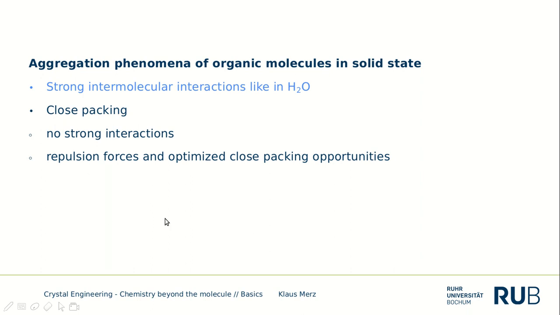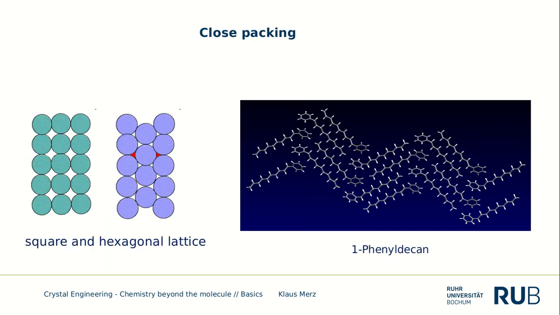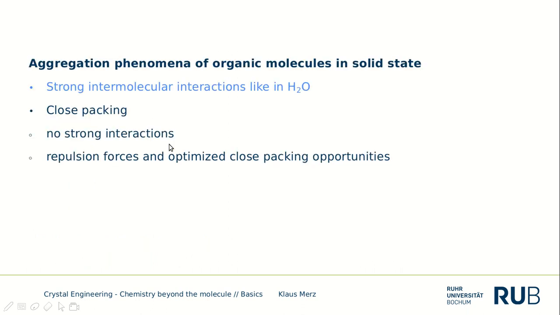And then on the other side, I would say, interesting intermolecular interactions are always van der Waals forces, which are closely related to close packing. You know from the first semester, square and hexagonal lattice, and this phenomenon of ordering of atoms and molecules.